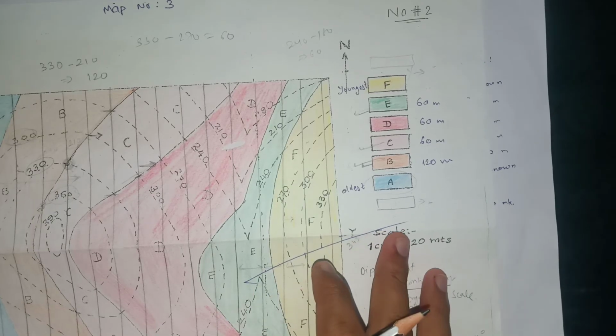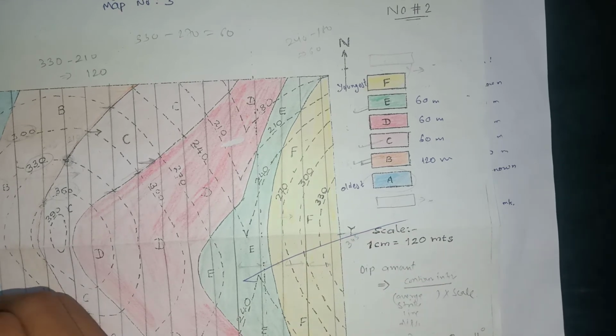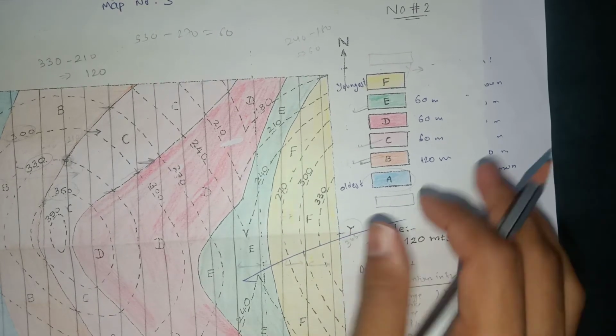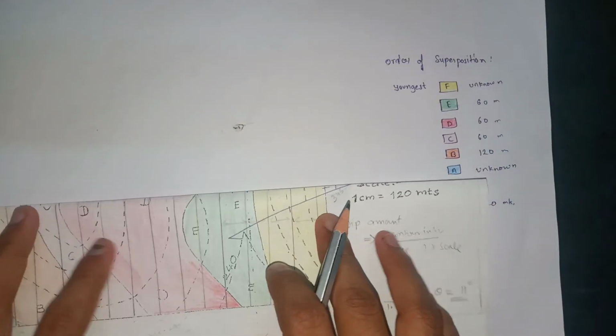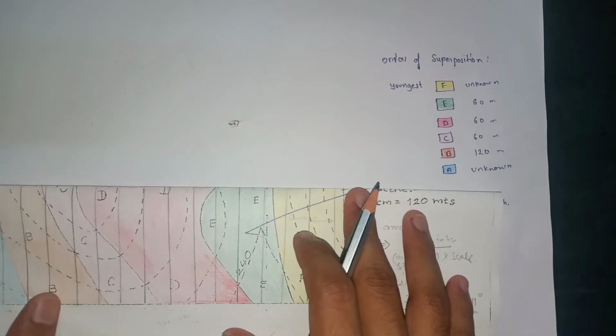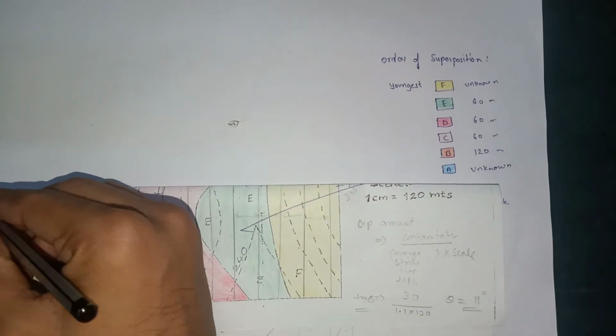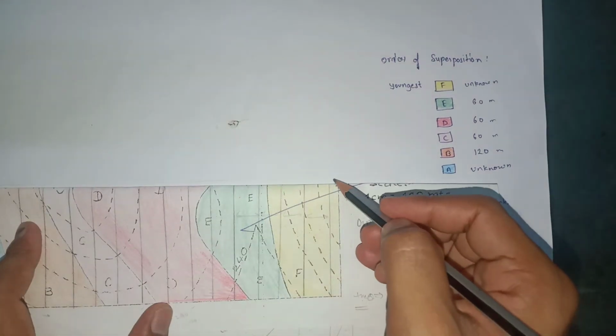now how to draw a profile section. Here it is given X and this is Y. Now fold this in a straight direction, put it on a rough paper and make a straight line from here to here.